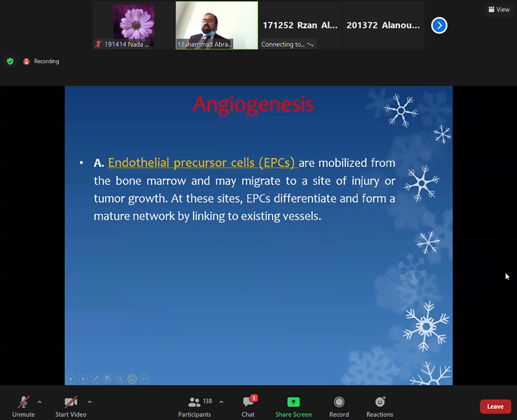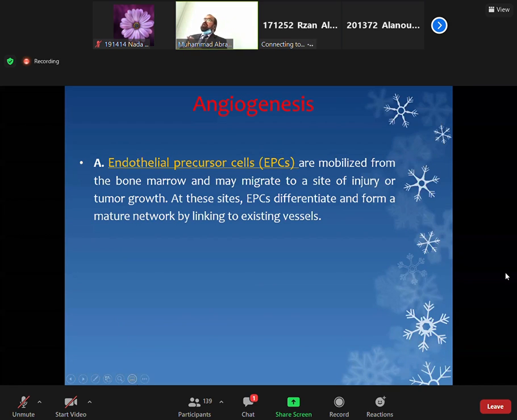Okay, angiogenesis. Now, when anything has to be regenerated or repaired, blood is important. So newly formed blood vessels have to be there. So there are two processes. Number one, if there is no blood vessel there, usually you see it in tumors, right? A tumor grows fast.